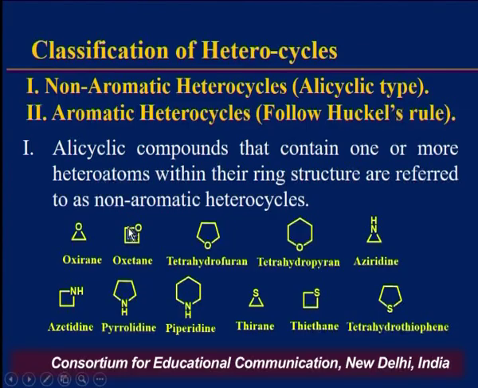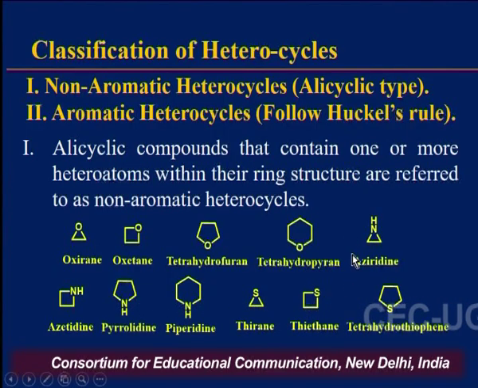If the ring size is 4-member and oxygen is the heteroatom, then we call it oxetane. If the ring size is 5-member and oxygen is the heteroatom, then it is tetrahydrofuran. If the ring size is 6-member and oxygen is the heteroatom, then we call it tetrahydropyran.